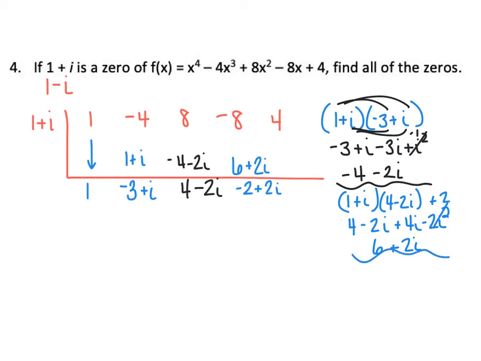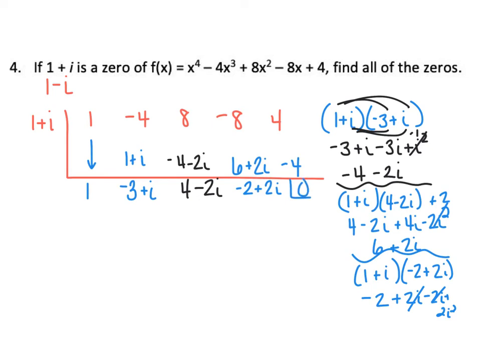And one more set of multiplication over here would be 1 plus i times negative 2 plus 2i. Distribute the 1 would be negative 2 plus 2i minus 2i plus 2i squared. So combine your like terms, and middle terms here would cancel, and I get negative 2 minus 2 would be negative 4. Add, and I get 0.